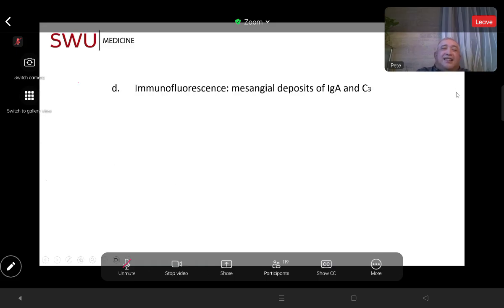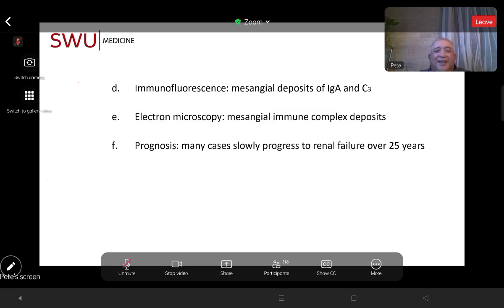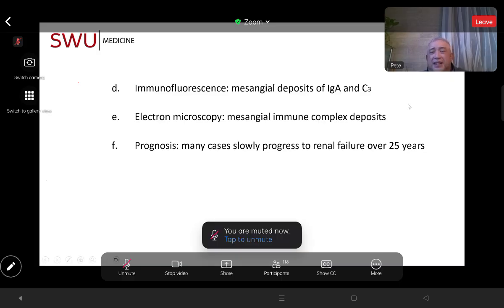And this is a giveaway. So if you have mesangial deposits of IgA, the disease is known as Berger's disease. Do you follow me? Okay. Prognosis is renal failure over 25 years. Okay.